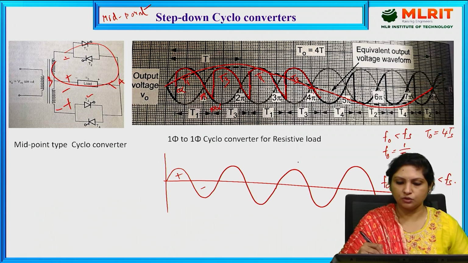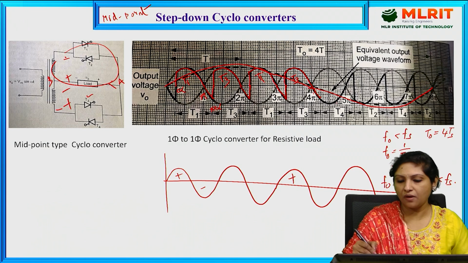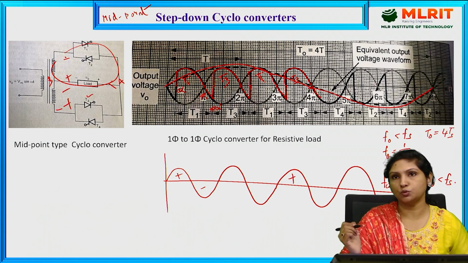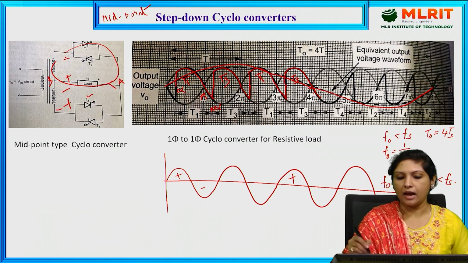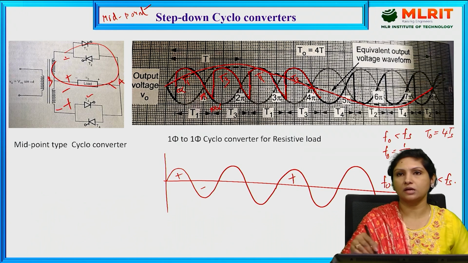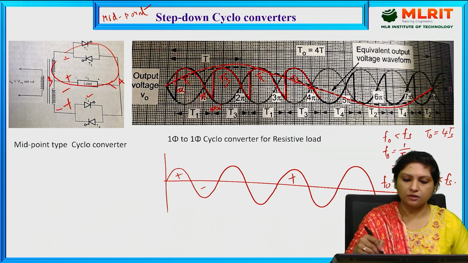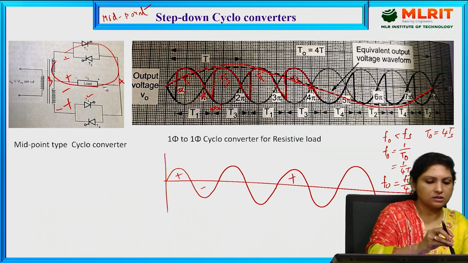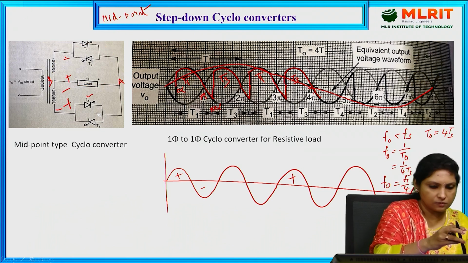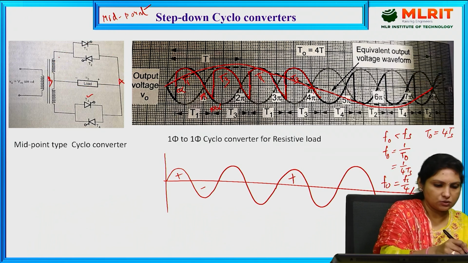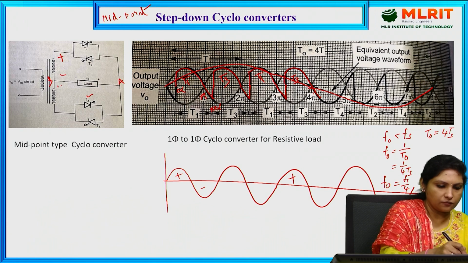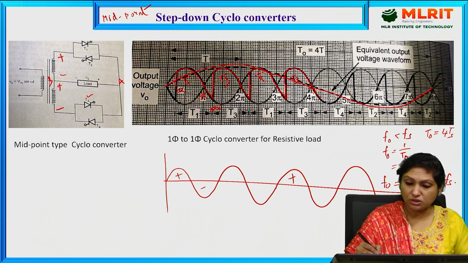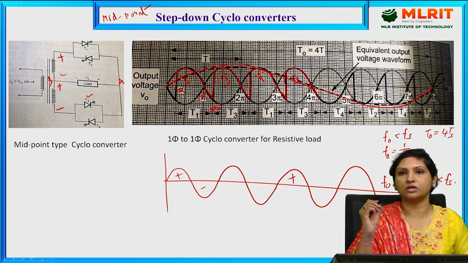Now positive half cycle of the supply voltage has appeared, and I want negative half cycles of the output voltage to be controlled, so that I'll get one complete cycle of the output. So for the negative half cycle to be controlled, I need to provide the triggering pulse. This is the positive half cycle of the supply voltage, positive, negative, during which I need the negative half cycle of the output voltage to be controlled.